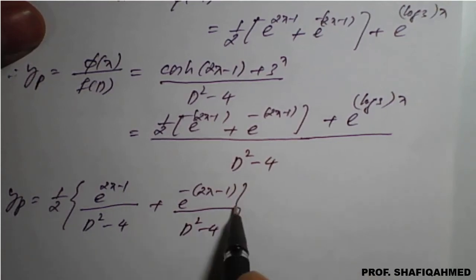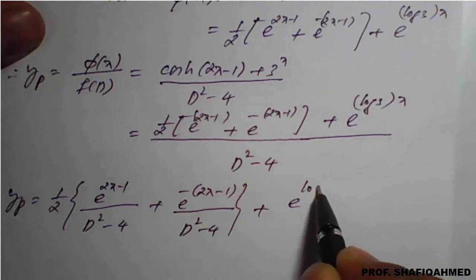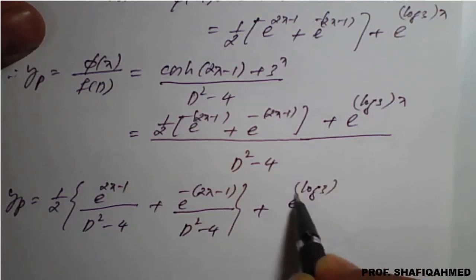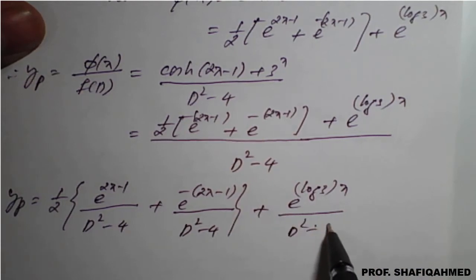Because 1 by 2 I have closed here, plus e raised to log of 3 into x divided by d square minus 4.